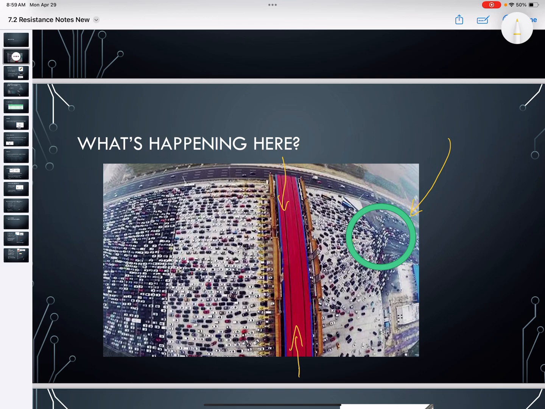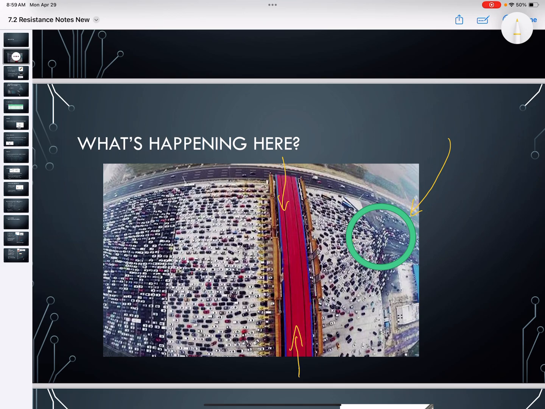And this is a good analogy to electrical resistance. We know that with our electrical circuits, we are moving charges from one place to another, and our wires function like roads. So in this case, I've got all of these charges over here on the left that are trying to move through.